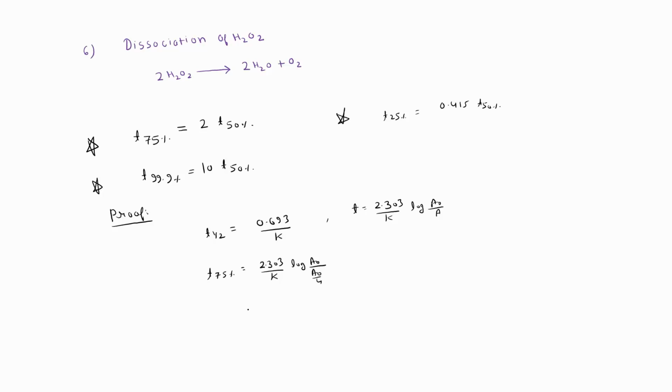A0/4, that is 4. So 2.303/K log 4. Log 4 is 2.303/K 2 log 2. So log 2 और 2.303 को मैं बोल सकता हूँ ln2, और ln2 आपका होता है 0.693. So 0.693/K multiplied by 2, and 0.693/K is your T half.